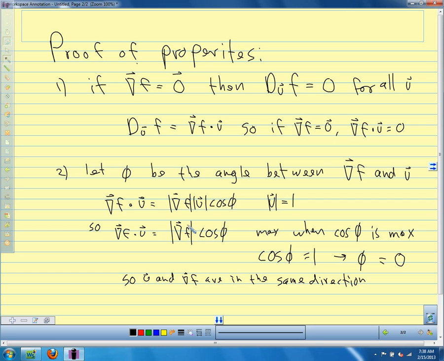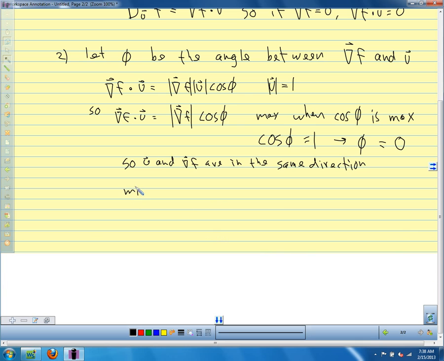What's going to be the minimum value of del f dot u? When cosine takes on what value? When the cosine is negative 1. So it's going to be a minimum when cosine phi equals negative 1. So phi equals pi.